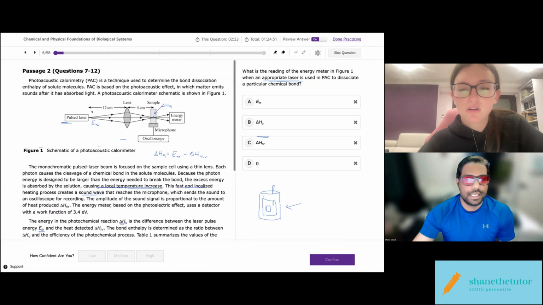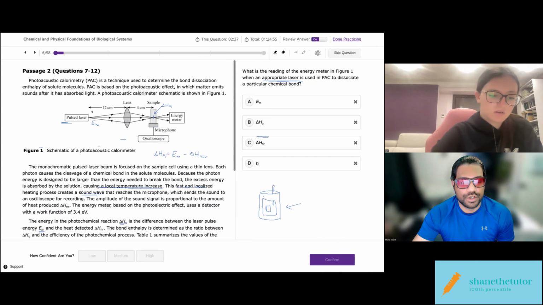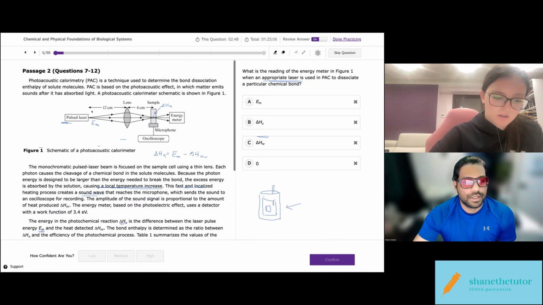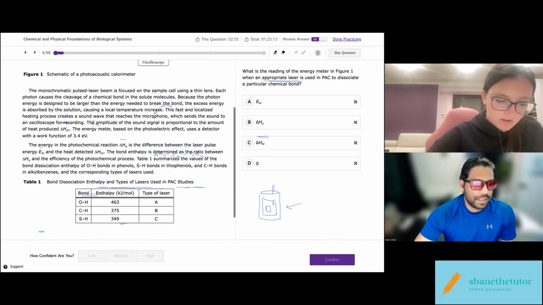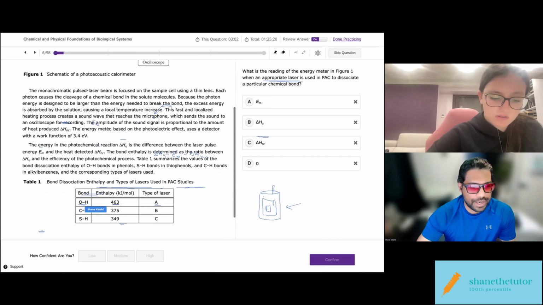So let's take a look at table 1 for a sec, because table 1 shows you the different types of lasers and the type of bonds they break, right? Can you scroll down to that? Laser A has this much energy per mole, and it's useful to break OH bonds, right?